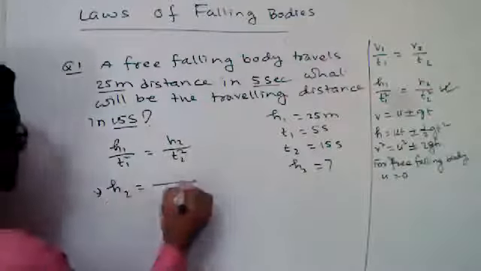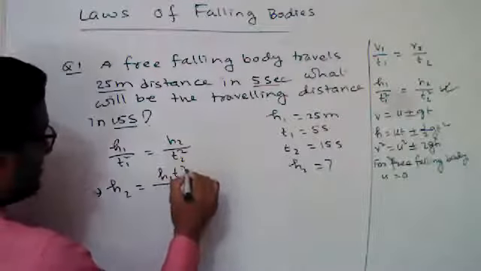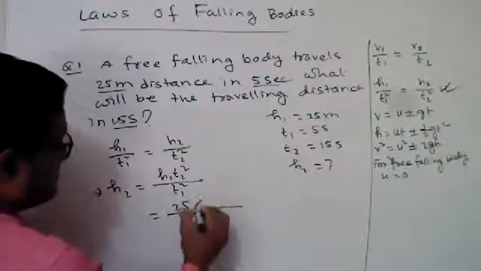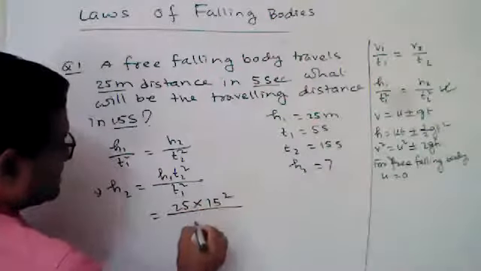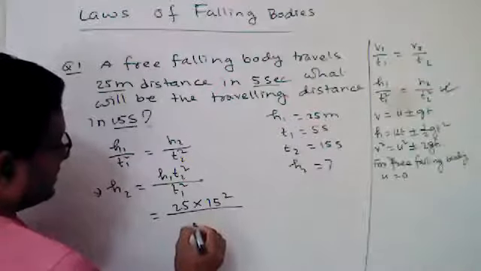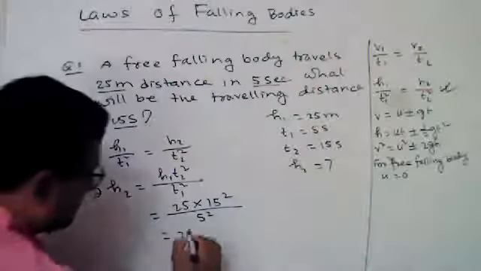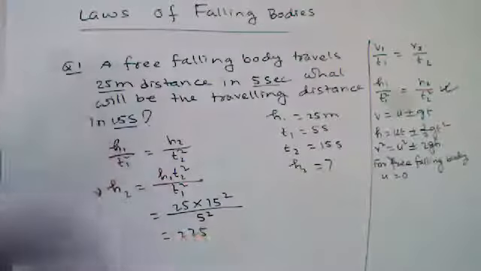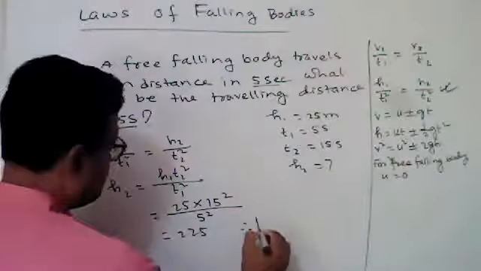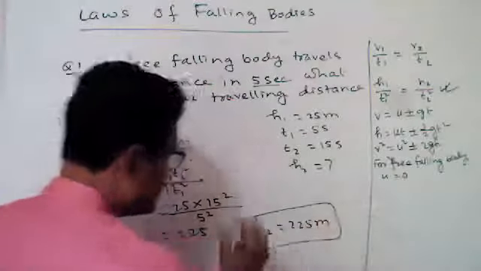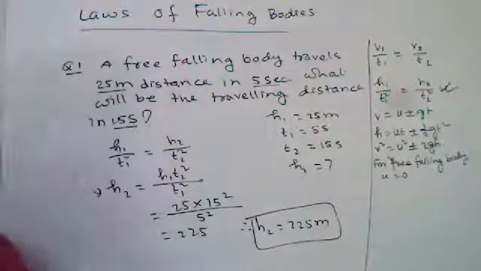So h2 equals h1 t2 square by t1 square. So h1 is 25, t2 is 15 whole square, and t1 is 5 square. So it will be 225 meters. So h2 equals 225 meter. This is the traveling distance in 15 seconds. Understand?